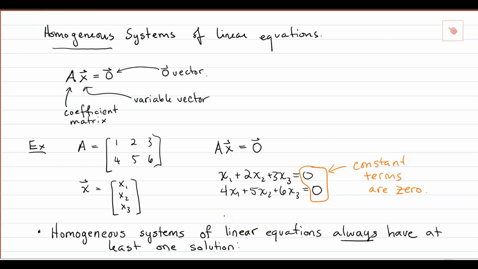So if we want to think about what that solution is, let's just look at this system of linear equations, and maybe we can extrapolate from that. There's a trio of numbers, an ordered triple, that I know for sure when I plug in the values here, I'll get zero. And if I plug in the values here, I'll get zero. And that trio of numbers, that ordered tuple, is just the zero vector.